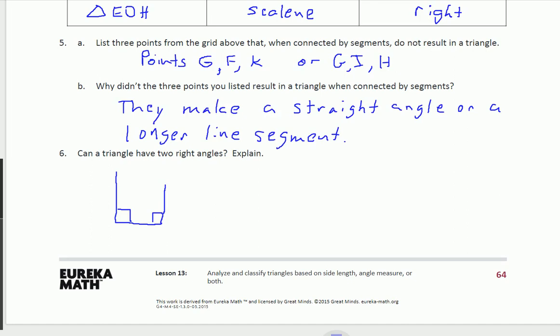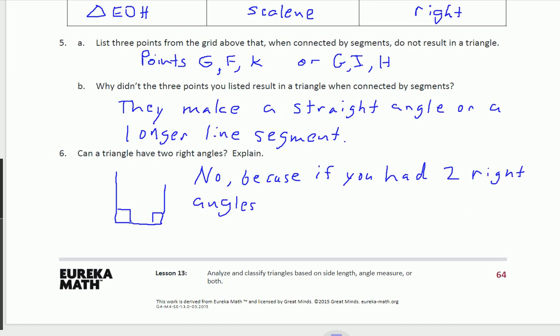So the answer is no, because if you had two right angles, there would be no way to connect the sides.